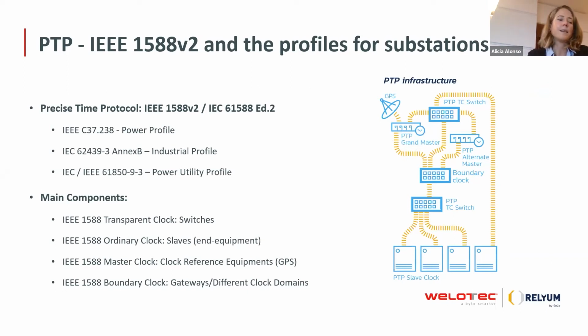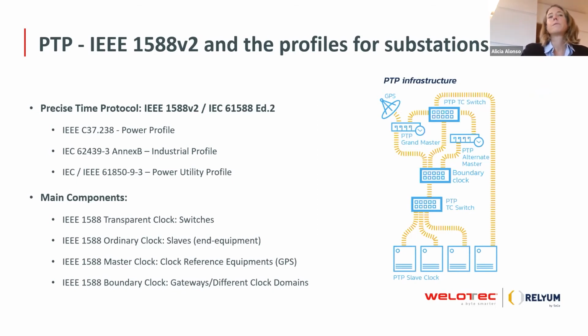PTP is a synchronization standard that is defined in the IEEE 1588 standard. This standard defines the main concept of the synchronization, and then you can find profiles for each sector that define how to implement those concepts of the synchronization in each particular sector.